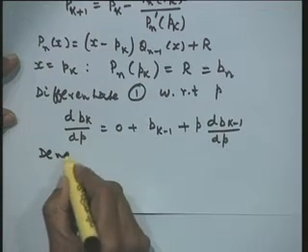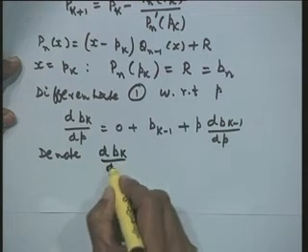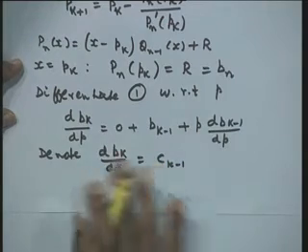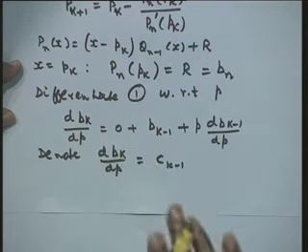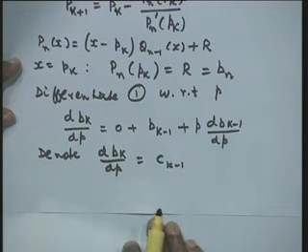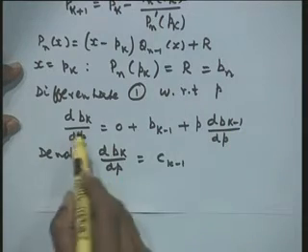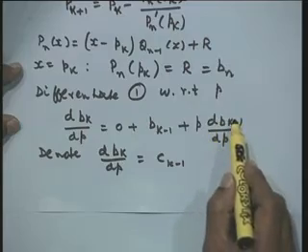Now, we will use a notation to simplify this. I would denote dbk upon dp as ck minus 1. It is just a notation, there is no special meaning about it. If I do this, then putting k equal to k minus 1, this will be ck minus 2.